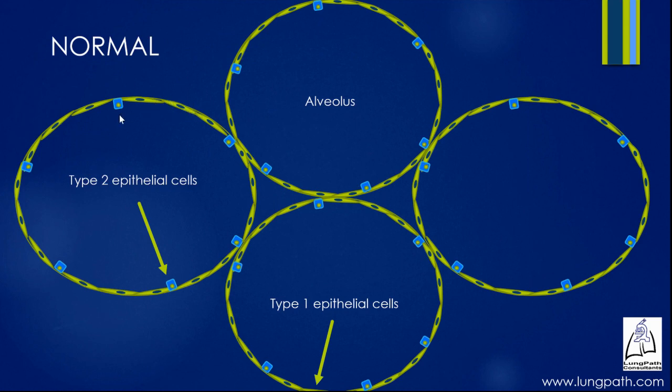And then these cuboidal cells, which are type 2 epithelial cells in the lung, these are the producers of surfactant and are also important cells in reforming the epithelial structure when these type 1 cells are damaged. The type 1 cells are quite sensitive to injury. So the type 2 cells have to be on ready to do repair when injury occurs.